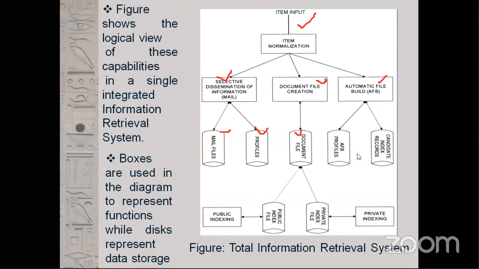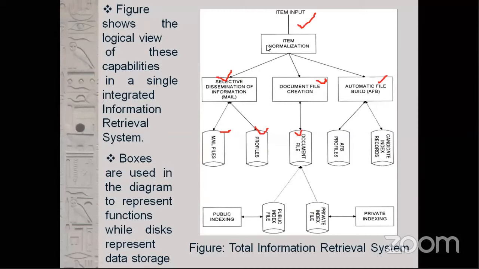Okay, so my figure here shows the logical view of these four functional processes in one integrated information retrieval system. These components may be integrated only in a public information retrieval system, not in a commercial information system. In commercial systems, these functional aspects may be separated here.